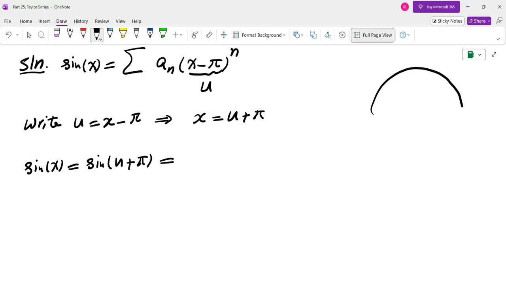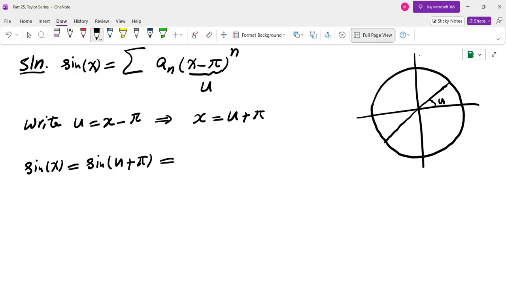If you look at the unit circle, this is u, and this is u plus pi. And sine of u plus pi is negative sine of u.